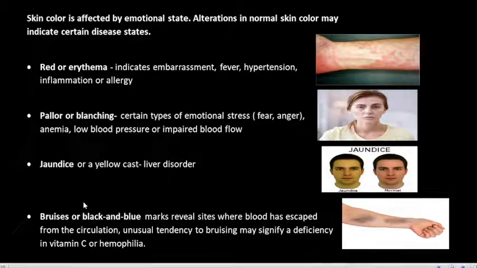Hindi siya, nawalan ng ability ang blood na mag-form ng clotting. So, that means that there is a lack of sufficient blood clotting protein called the heparin. Kulang ka ng protein na nagtitrigger ng blood clot. So, yan ang hemophilia. Kaya, nagkakaroon ng blue marks, black and blue marks sa body.